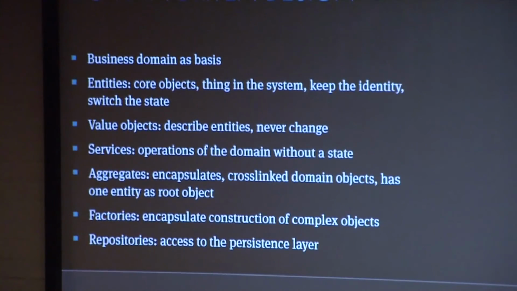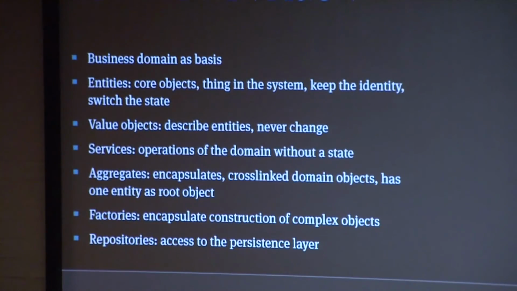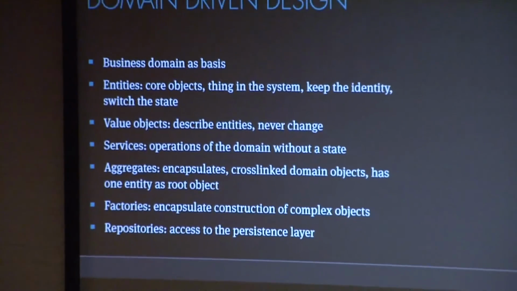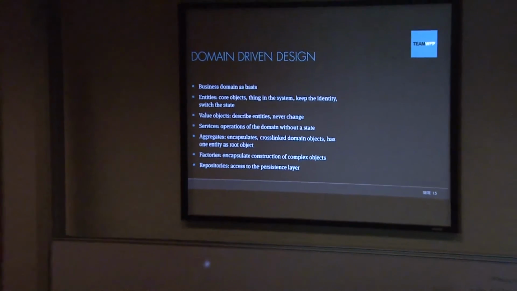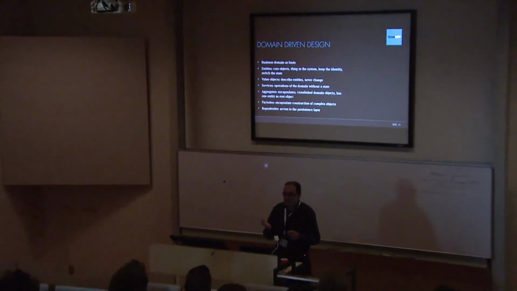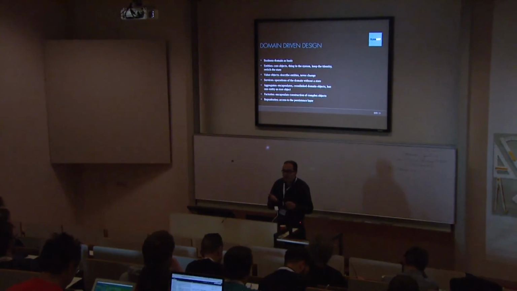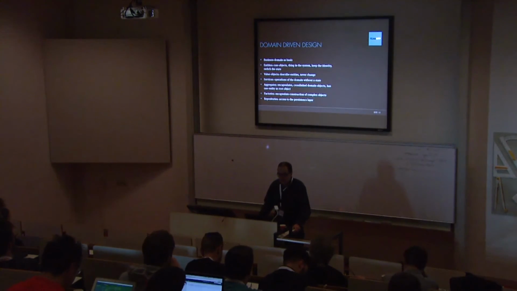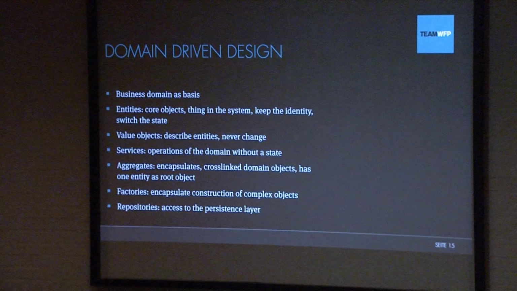For example, the gender is a value object. The person might even change the gender, but the gender values themselves will never change. If it's Mr., then it's Mr. You will never make the value object Mr. into something else. And then you have services, and services don't change the entities.